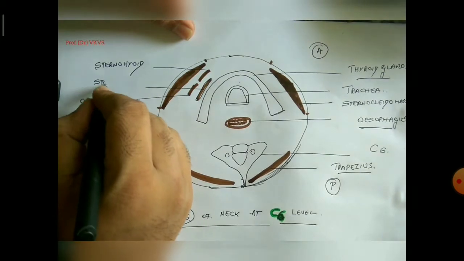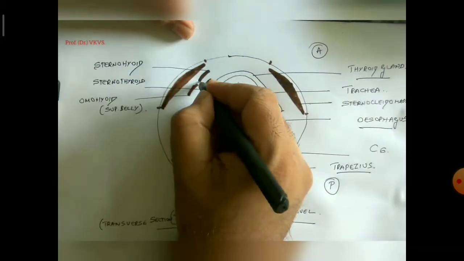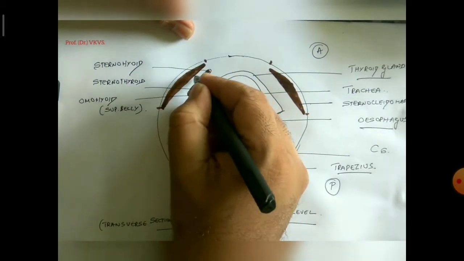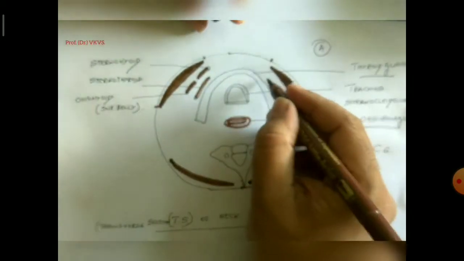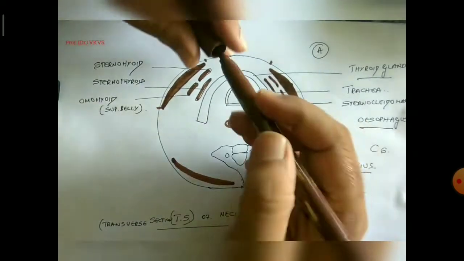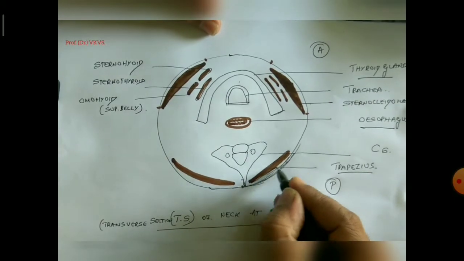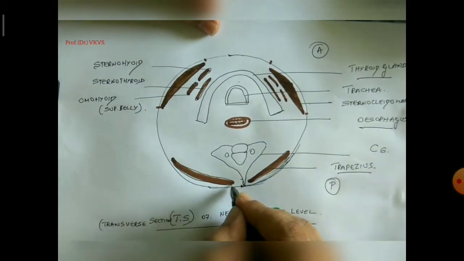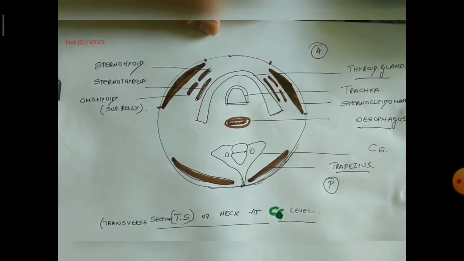This muscle is sternothyroid muscle. So these are muscles that are present deep to sternocleidomastoid. Similarly on the right side also we are writing. Next, trapezius, we label the trapezius.